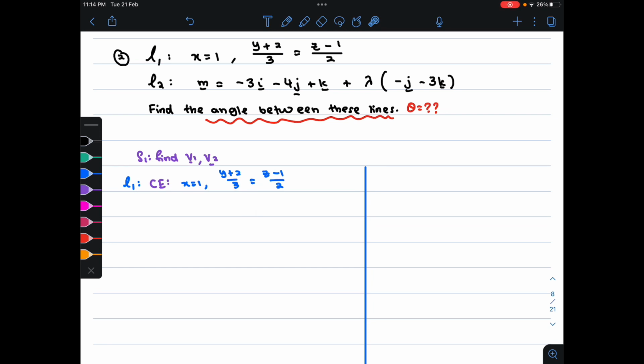v1, you need to change it back to vector equation. So from Cartesian equation, you need to change it back to parametric equation first. And to get the parametric equation, you need to find the value of t from this equation. So the first one is x equals 1. Next is (y plus 2) over 3.